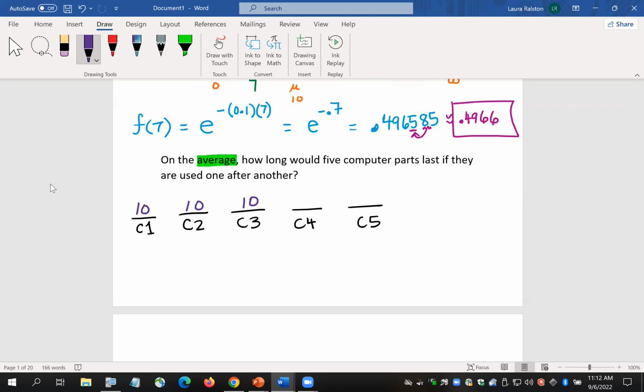When it stops, I'm going to put in the fourth part and anticipate it works for 10 years. And then when it stops, I'm going to put in the fifth part and anticipate that it works for 10 years. And when it stops, I guess I'm out of luck or I have to order a new part. Okay, so each computer part lasts an average of 10 years. And so if I add these together, does somebody have a question?